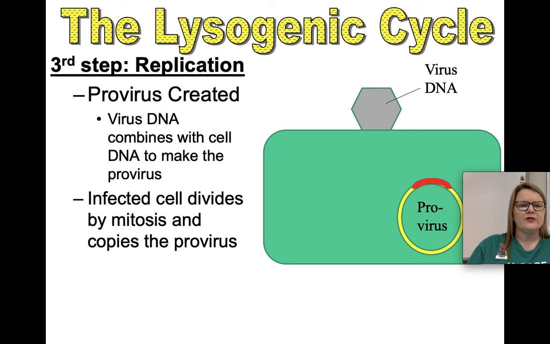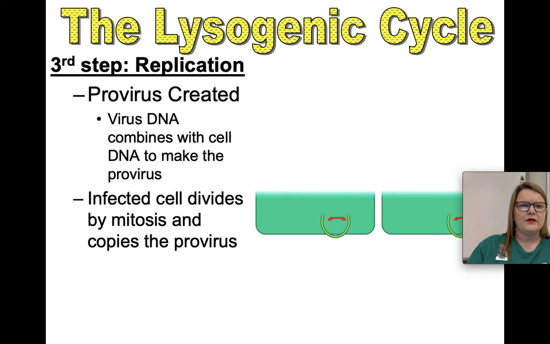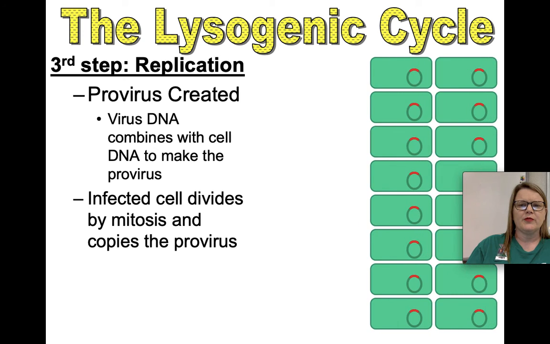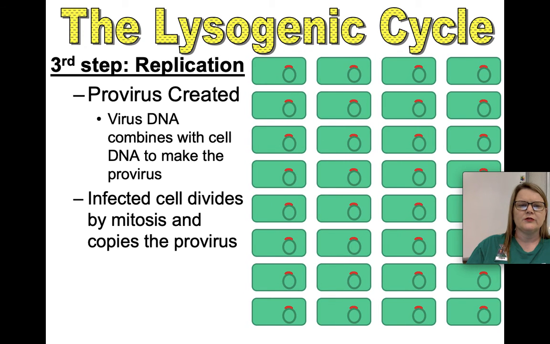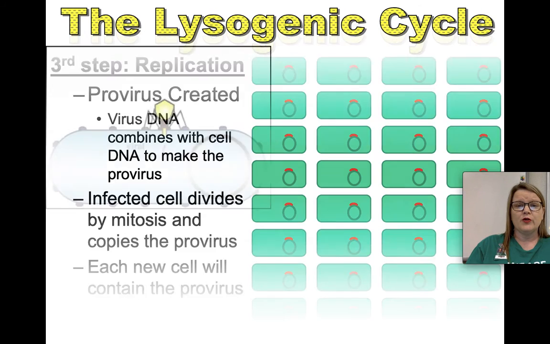The infected cell divides by mitosis and copies the provirus. So they're kind of like hitching a ride on the cell's mitosis process here. As mitosis occurs, more and more of these viruses are replicated within the new cells. So each new cell will contain the provirus.